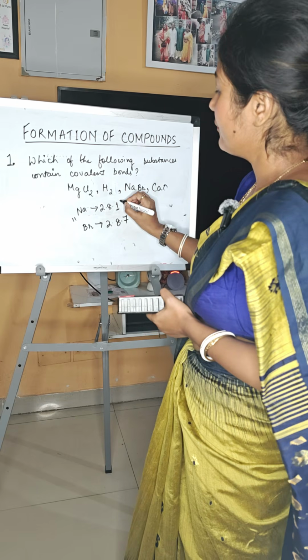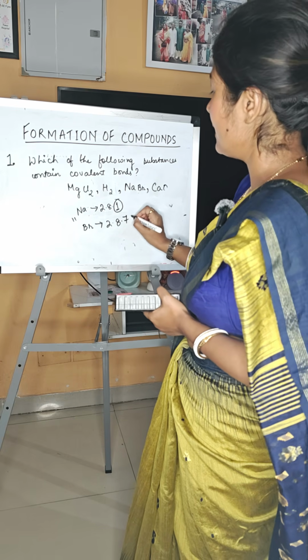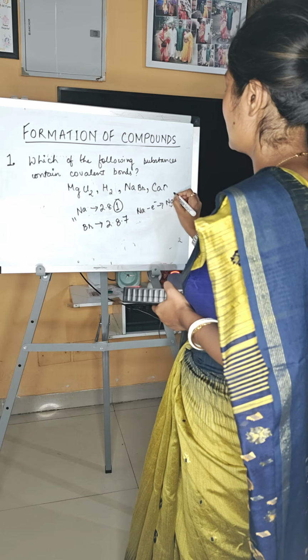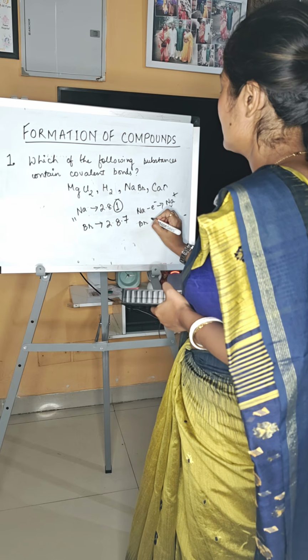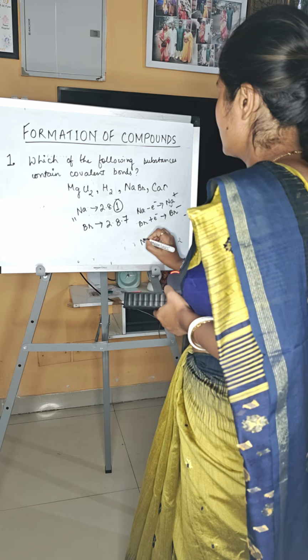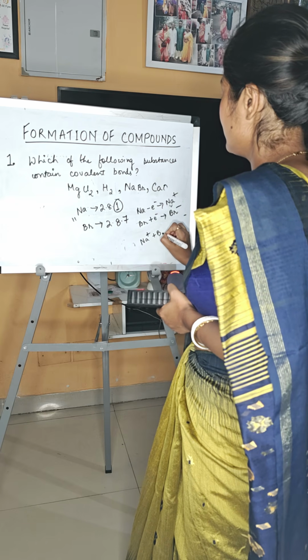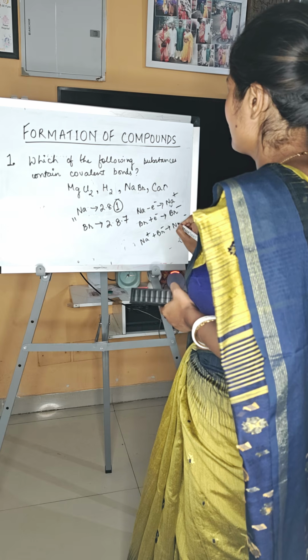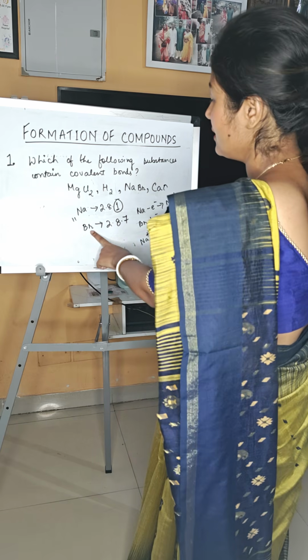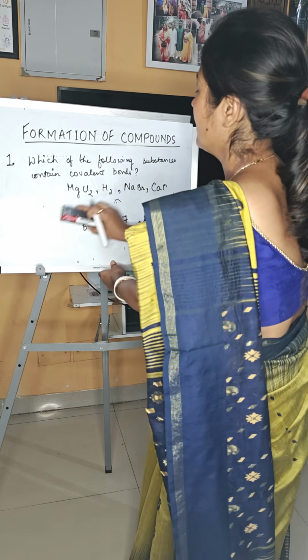So sodium donates this electron to form Na+, bromine accepts this electron to form Br-. So both these species will be joined through ionic bond to form NaBr. So here also electrons are being transferred from sodium to bromine. So the bond is again ionic bond.